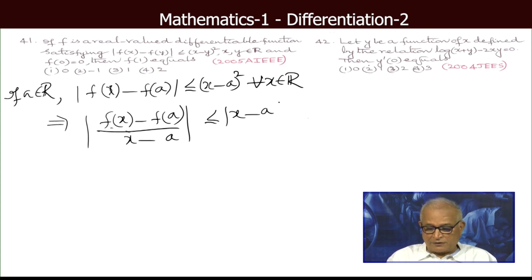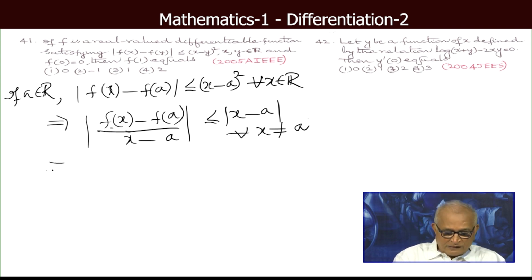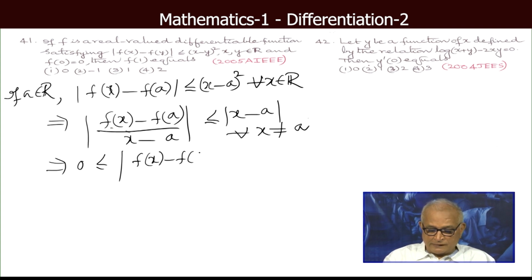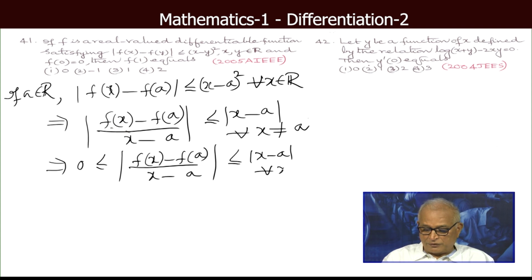When you divide (x minus a) whole square by mod x minus a, you get mod x minus a, for all x not equal to a, because we are dividing by x minus a. Therefore, this is the Newton quotient for f at x equal to a: 0 less than or equal to mod of f(x) minus f(a) by x minus a, because this modulus is always a non-negative number, less than or equal to mod x minus a for all x not equal to a.